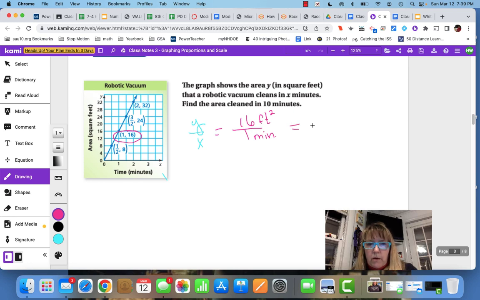Well, I want to know how much it will clean in 10 minutes. So in order to convert from 1 minute to 10 minutes, I need to multiply by 10. If I multiply the numerator, I also have to multiply the denominator. So 16 times 10 is 160. So it is 160 square feet in 10 minutes to clean the room.